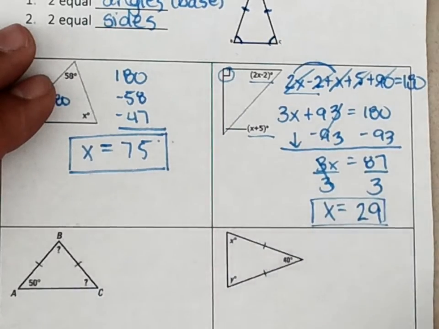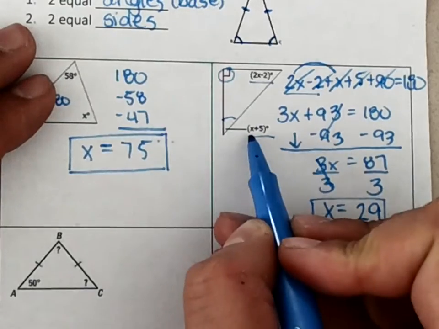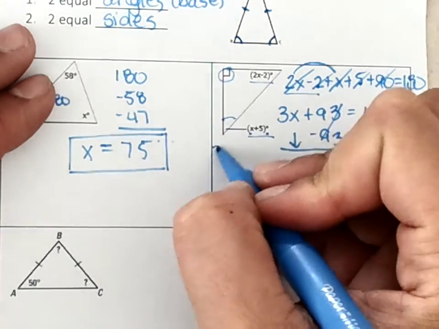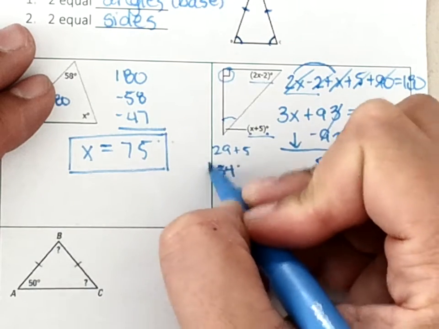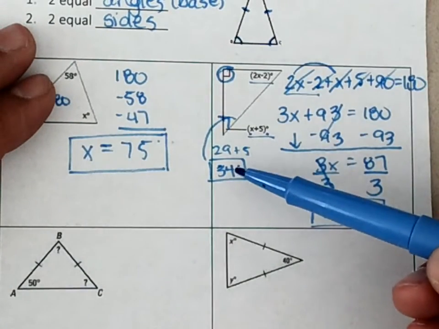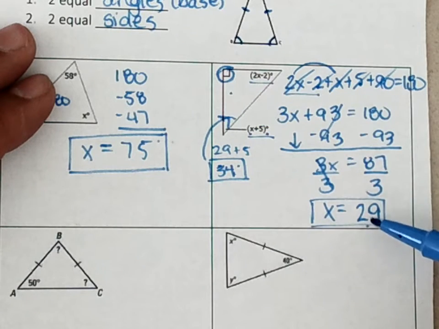But if we wanted to figure out what the actual degree measure was, we'd have to plug 29 back in. So for this one, 29 plus 5 would give us 34 degrees. So this angle is 34 degrees. This angle is 90 degrees. We could use 34 plus 90, subtract from 180 to figure this out, or plug in 29 into the expression.